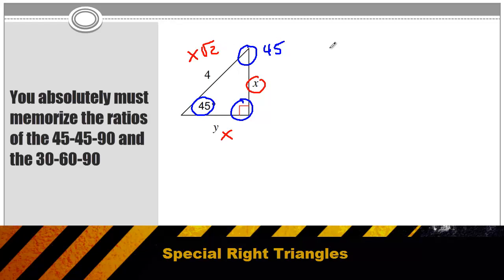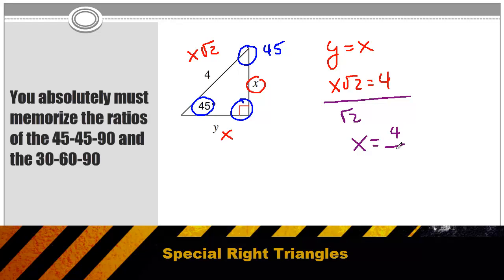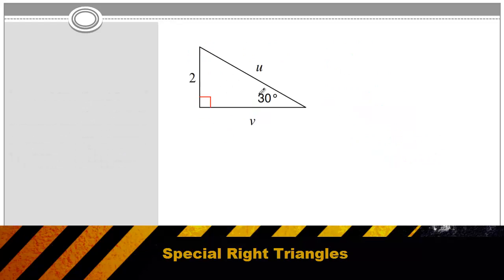So then I could write the equations that y is equal to x, and x root 2 is equal to 4. I divide both sides by the square root of 2, and I get x is equal to 4 divided by the square root of 2. Which in turn would be the same answer for y.